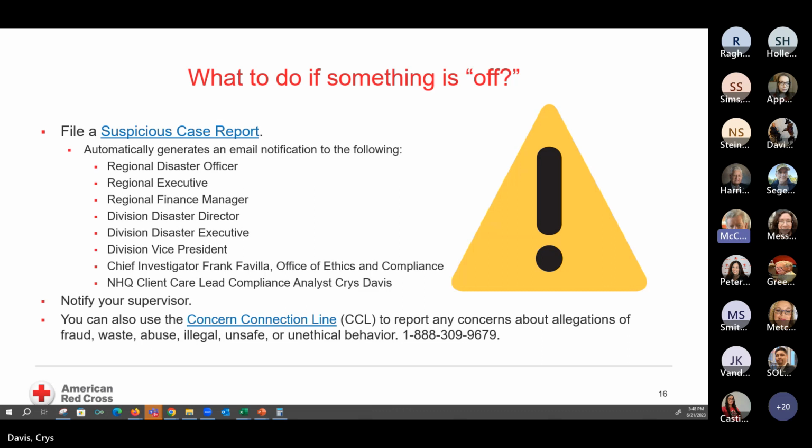When we're talking about suspicious case reports, I suggested to everyone, don't think you have to wait to see something suspicious, because that almost implies a level of proof. Just think, if anything looks questionable, please file the report. So I just want to bring that up.